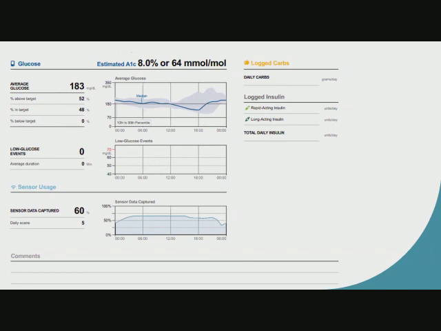Also a nice feature is that it gives you an estimation of your A1C level. So it combines the HbA1c and the daily self-monitoring results in one detailed report.